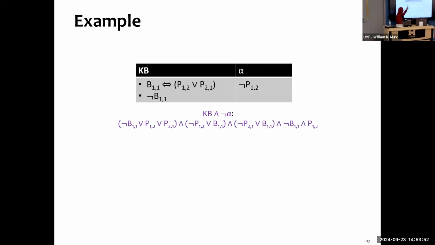And KB is not B11 or, sorry, P12 or P21. And at the same time, we have not P12 or B11, and not P21 or B11, and not B11 or P12. So what is this long expression you see over here?